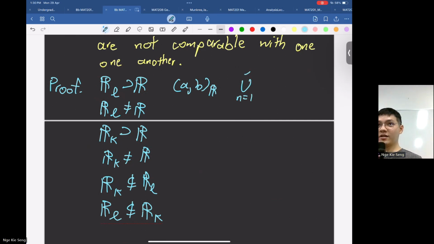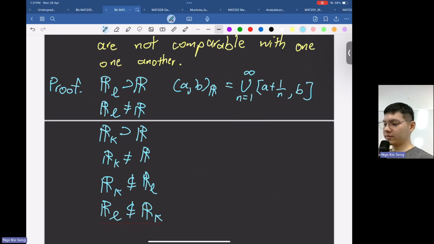Union of a plus epsilon. We can be more precise, right? We can just make a sequence, maybe a plus 1 over n, approaching from the right toward b. Does this work?